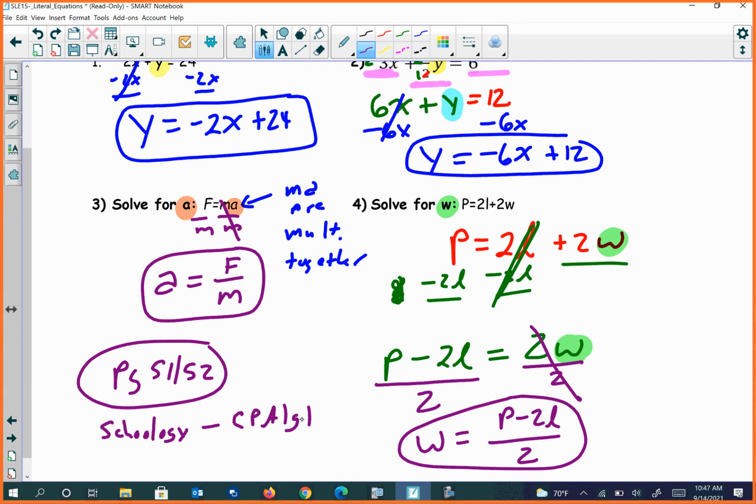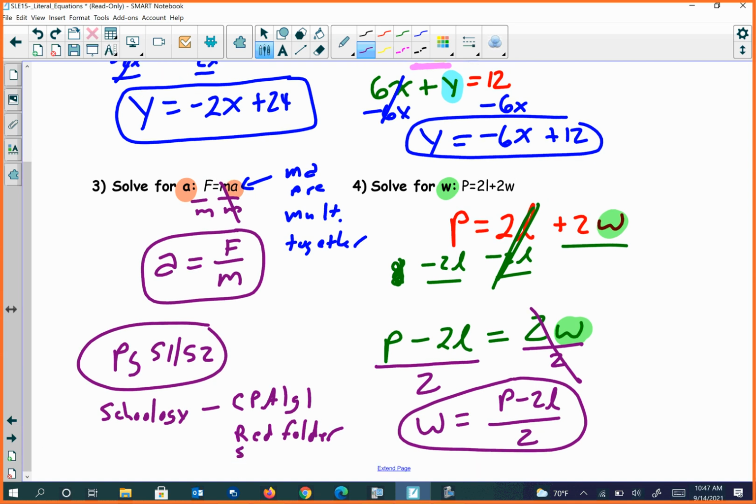So for CP Algebra 1, there is a red folder that says SLE, odd answers. If you go into that folder, you have a whole bunch of links. So this is SLE 15, what we're working on.